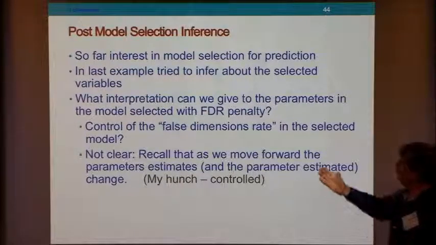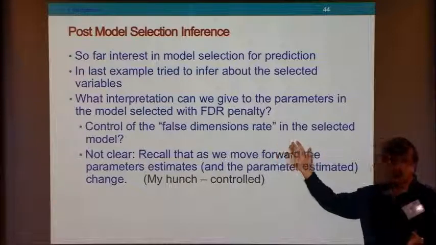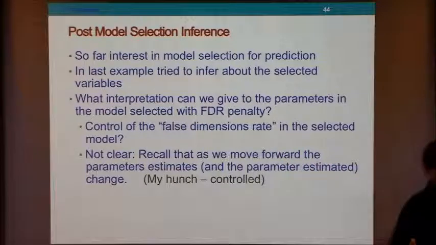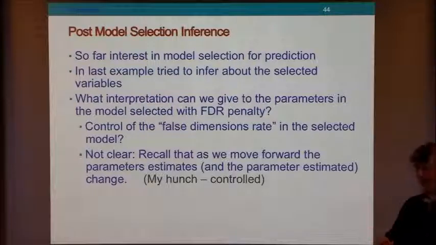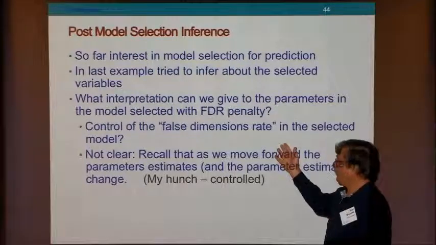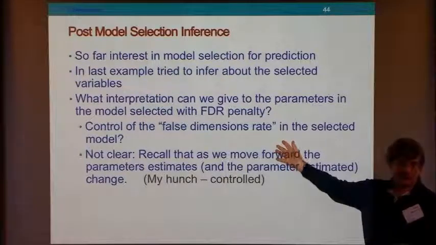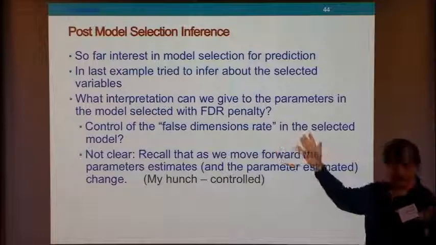Hopefully, we would like to have some property like protecting the false discovery rate. That is, for the dimensions we include in the model, maybe not exactly the parameters, we don't have a zero interpretation for the parameter, but we don't have too large a proportion of those. It is not clear.